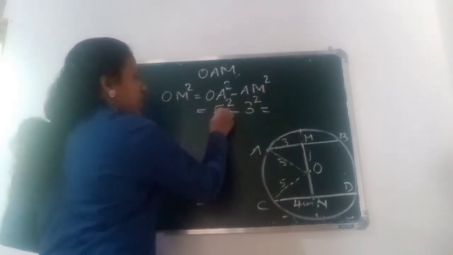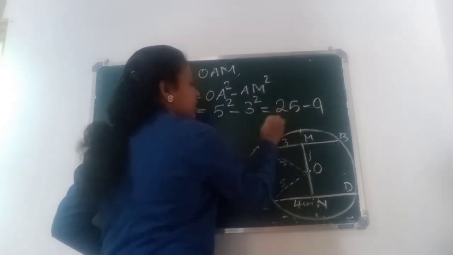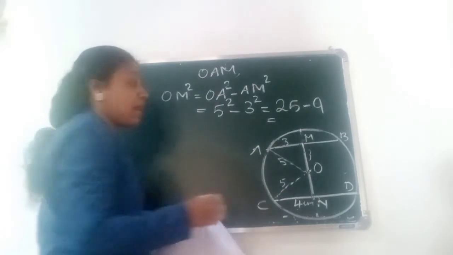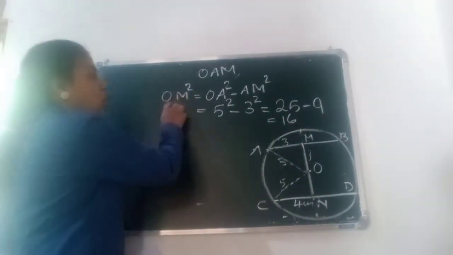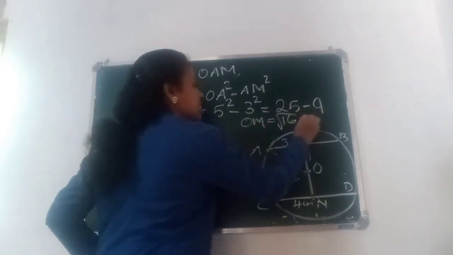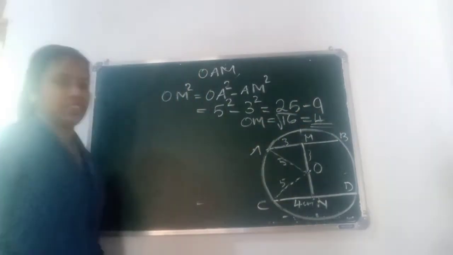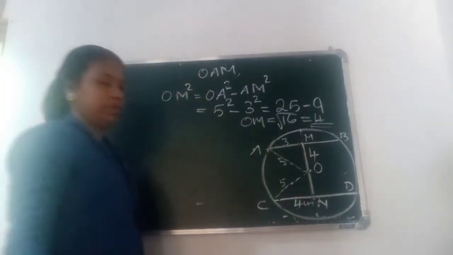So 5 square is 25, 3 square is 9. 25 minus 9 is 16. This is OM square. Therefore OM equals the square root of 16, which equals 4 centimeter. So we got this side OM equal to 4 centimeter.